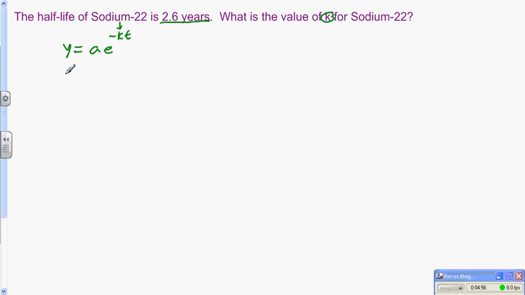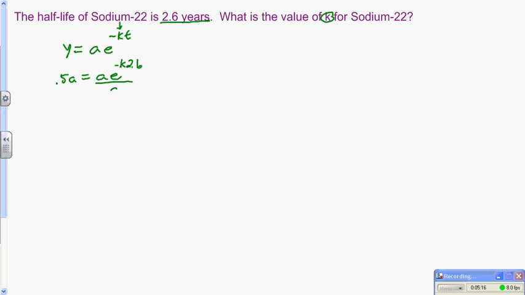Again, we're talking about having half as much left. So I go 0.5, half of A, when you start with A. Now, we don't know K, but we do know T. It's 2.6 years.